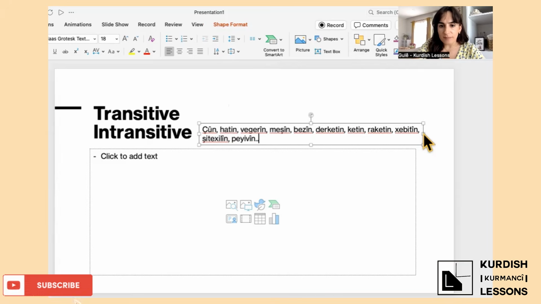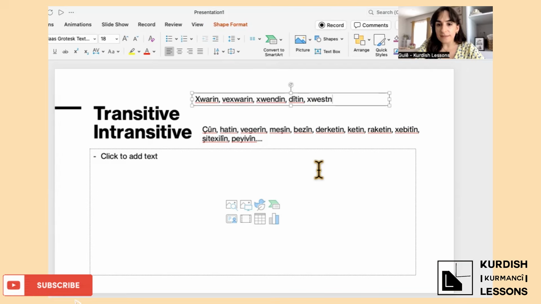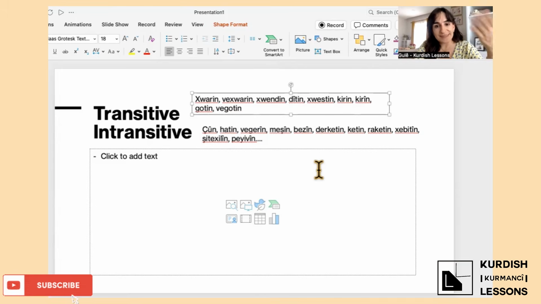And for transitive verbs, basically verbs like khwaren, vechwaren, to eat, to drink, khwanden, to study, diten, khwasten, kuren, to do, kurin, to buy, and goten, vegoten, to tell, like telling a story.